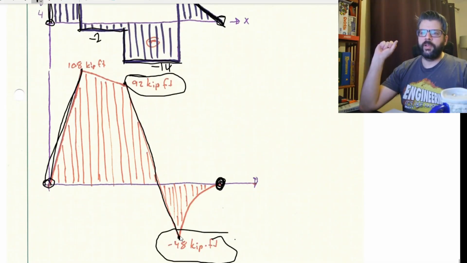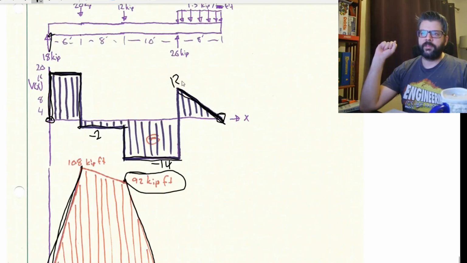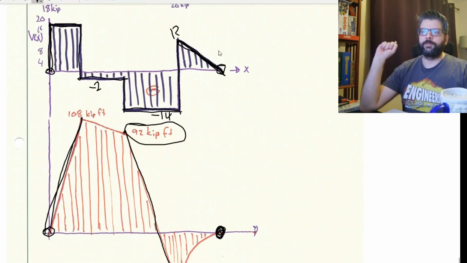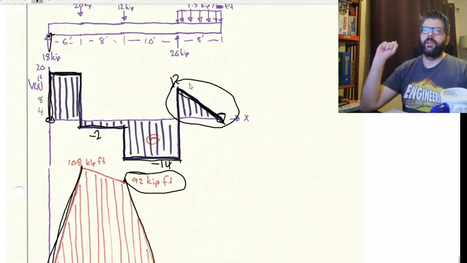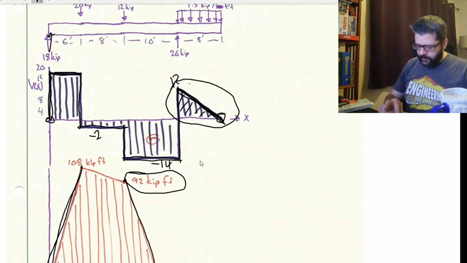And then after that, the shear shoots up again, so it's positive in here. So over this span, we're going to be increasing. The amount that we're going to be increasing is based upon the area of that space there. So again, what's the area there?